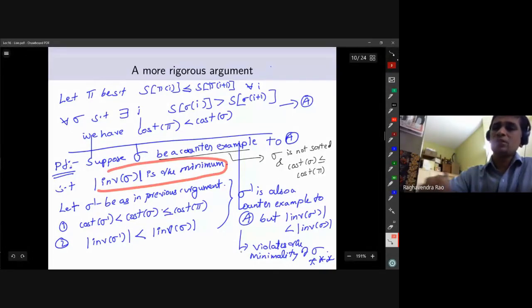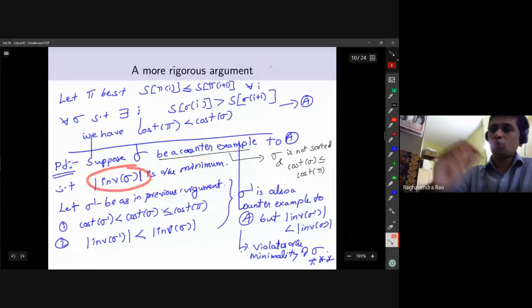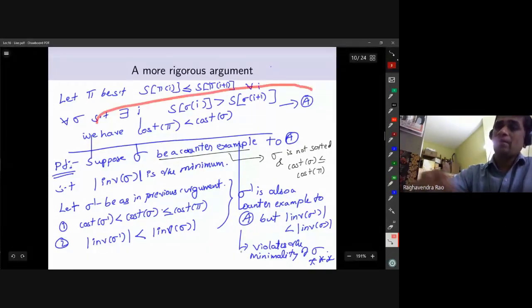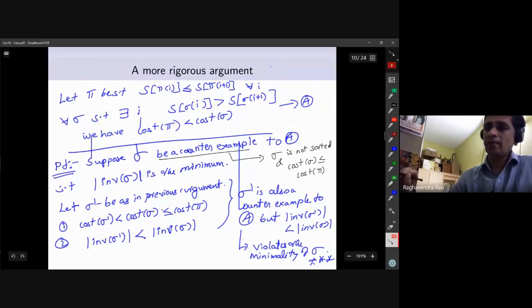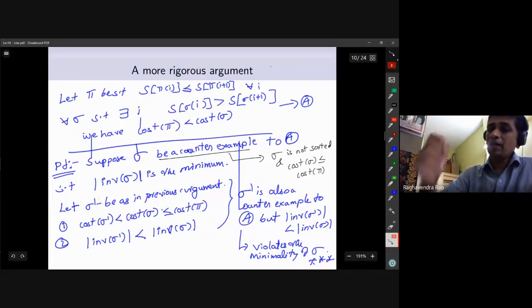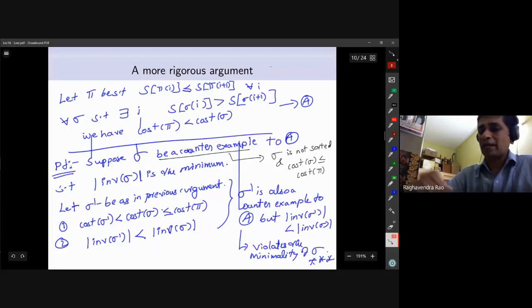This invariant is the smallest value. But through the construction, what we got is a sigma prime which is also violating A, which is also a counterexample to A, such that the number of inversions is smaller. So our assumption that the number of inversions in sigma is the minimum must be wrong. So that is what is being violated.